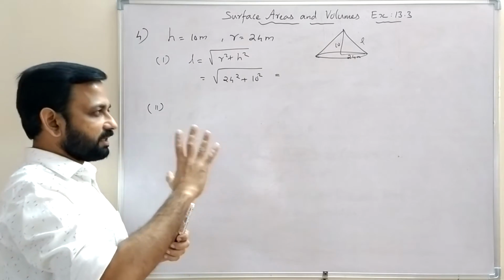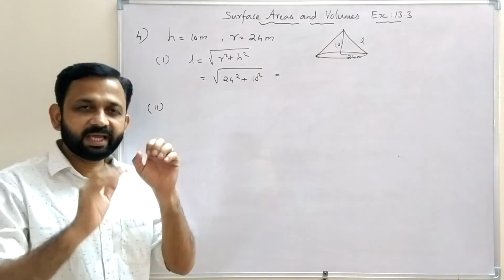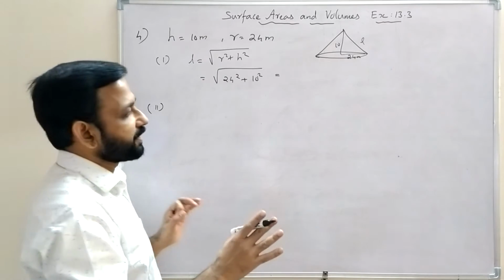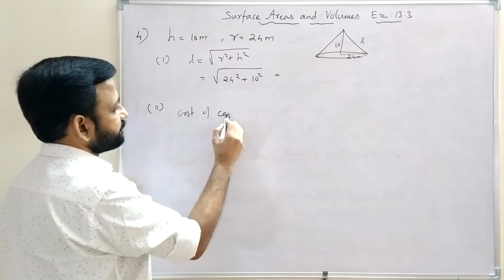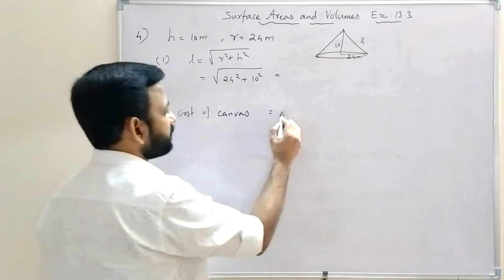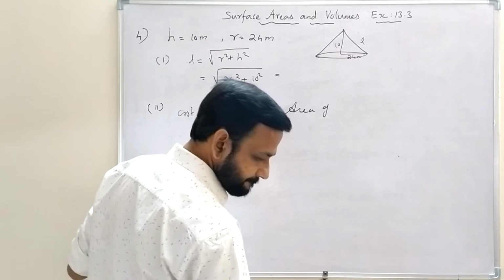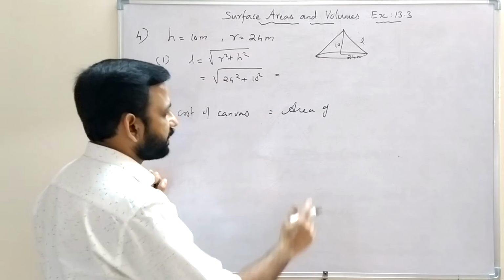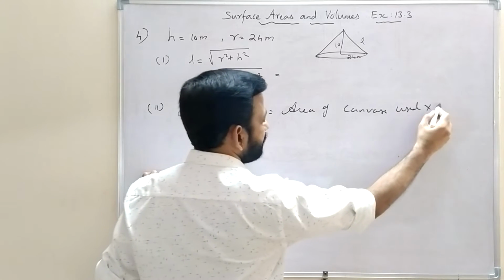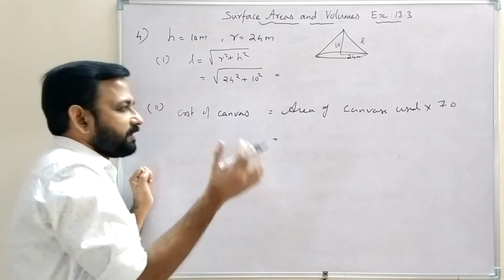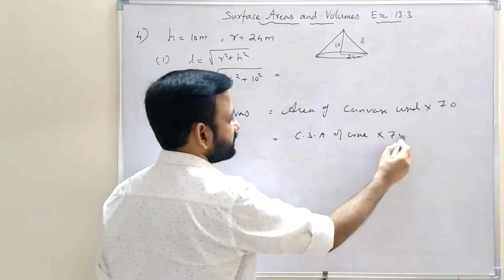So cost of the canvas used is equal to area of canvas used into rupees 70. So area of canvas used, that is curved surface area, CSA of cone, into 70.